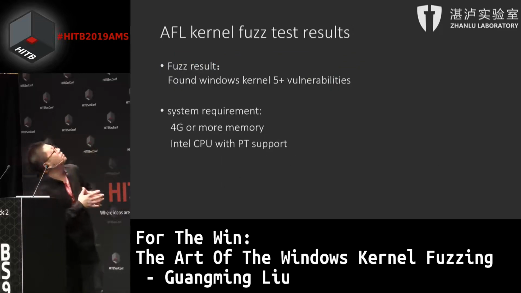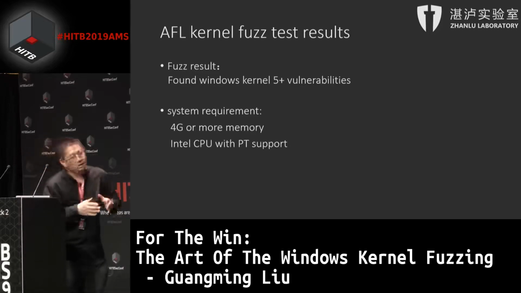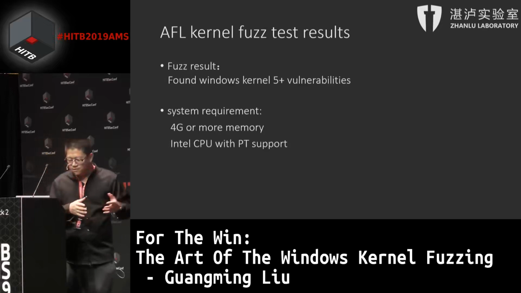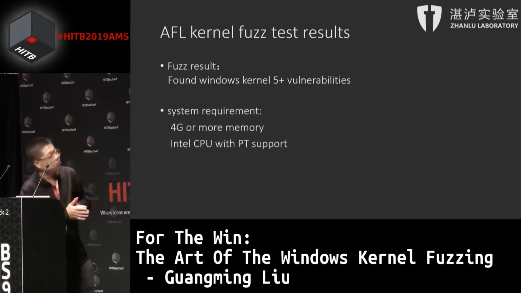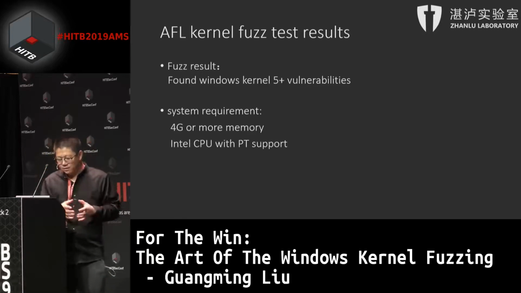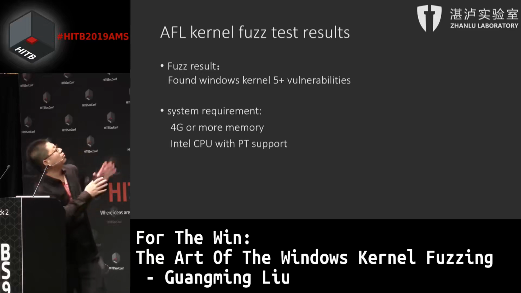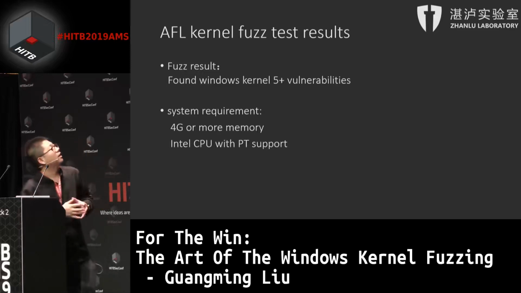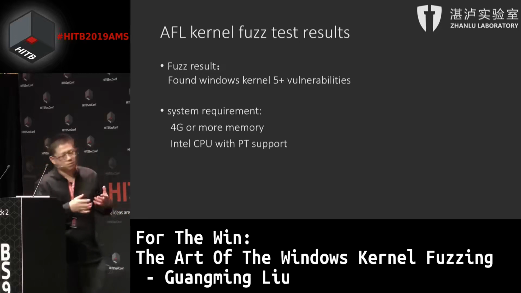This is the FL kernel fuzz test result. And it found five vulnerabilities. And we need 4 GB of memory, and we need a CPU that supports P-trace.